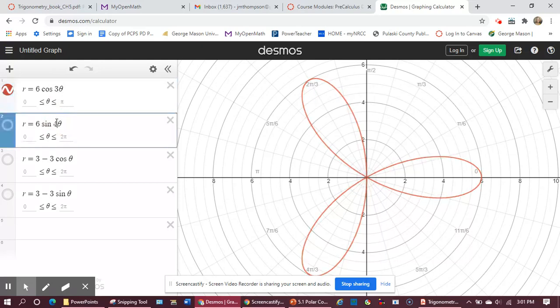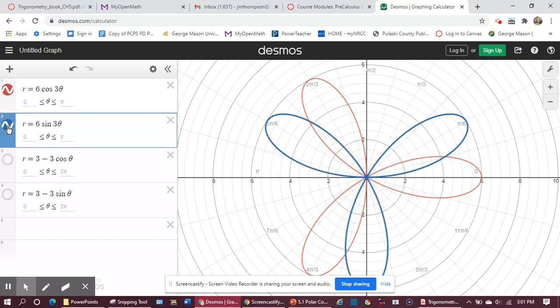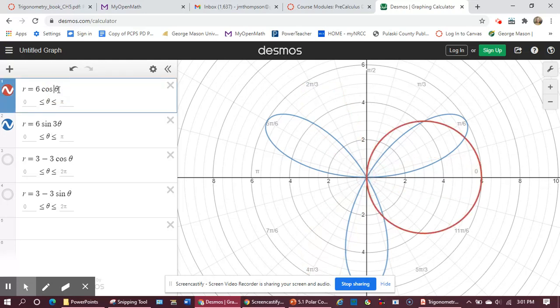So my coefficient of theta is 3. All right, so I could do the same thing here for the sine rose, right? And I'm going to have a 3-petal sine rose. I know it's a sine rose because my first petal that I see is not here on the x-axis. It's up in here in this first quadrant. Okay, so the petals will always be distributed evenly around the pole. So that's the case for any number of petals. So let's make it the next odd number.